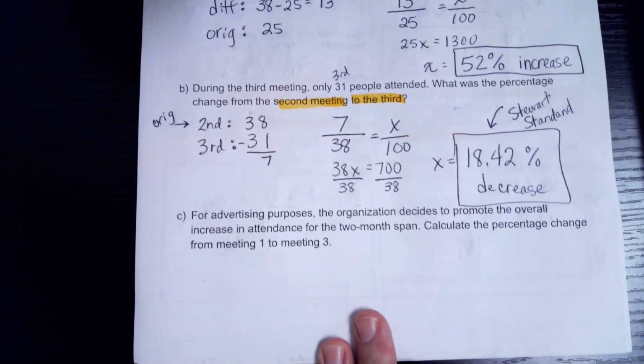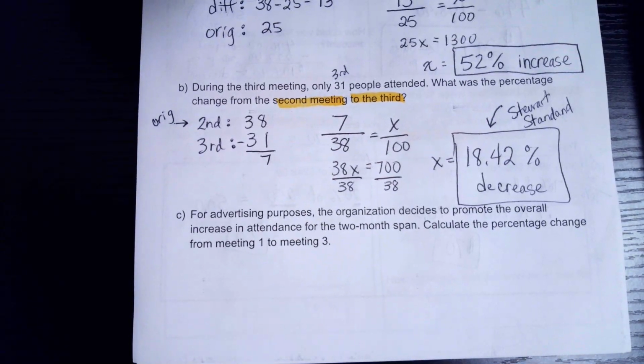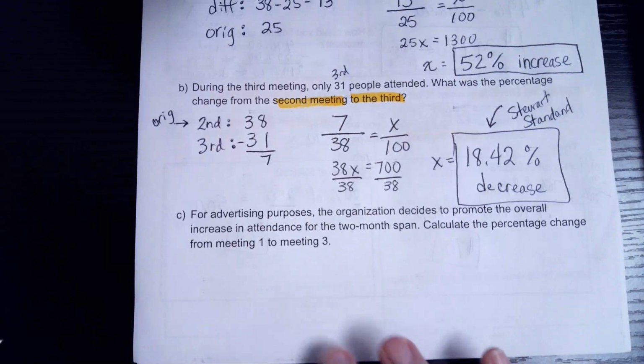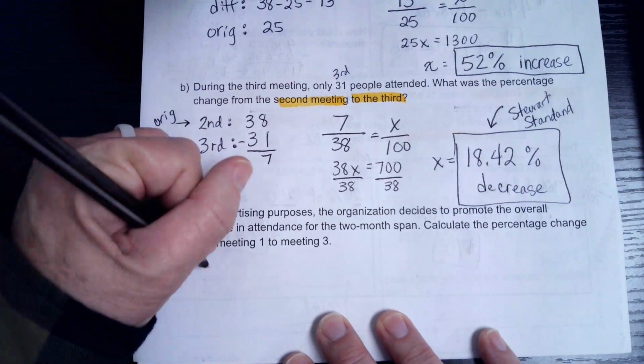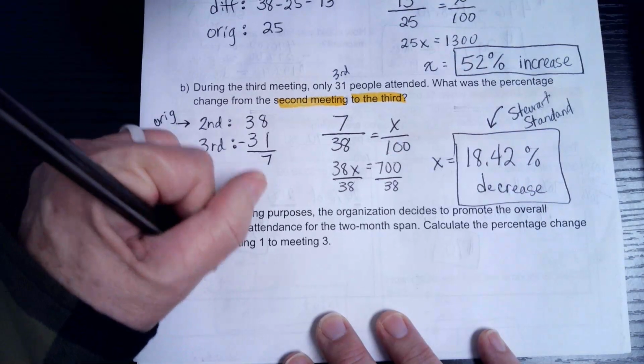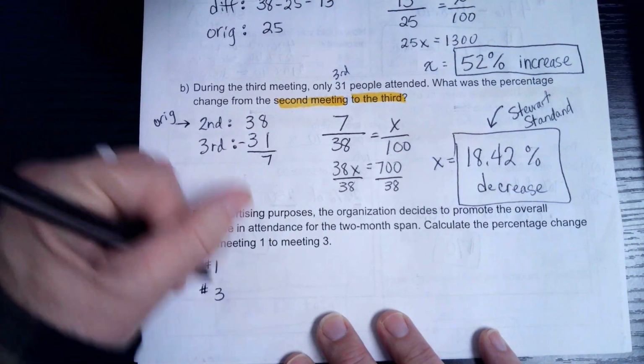All right, part C. For advertising purposes, the organization decides to promote the overall increase in attendance for the 2-month span. So we want to calculate the percentage change from meeting number 1 to meeting number 3.